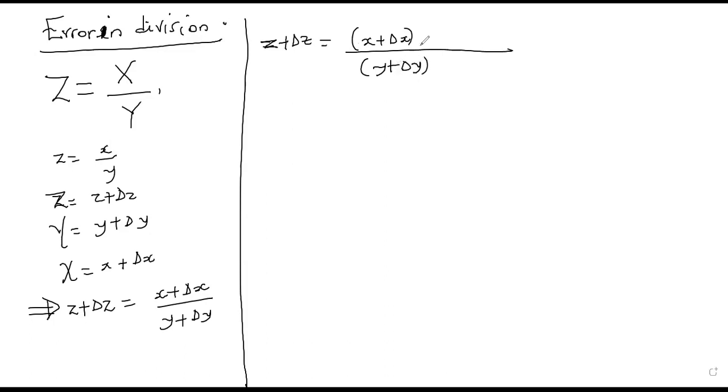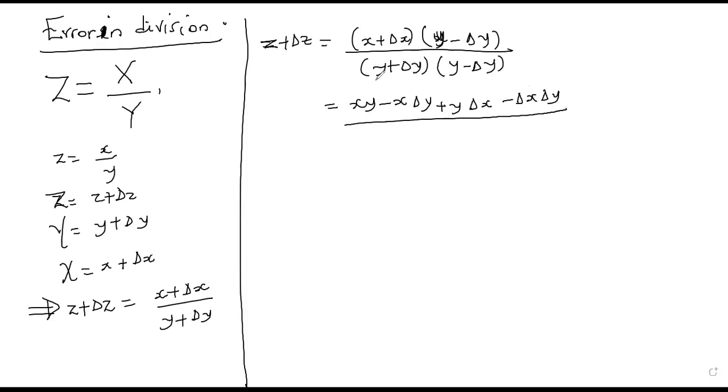So what we can do, we can rationalize the denominator, multiplying up and down by y minus delta y. So we can expand this. This one will come to xy minus x delta y plus y delta x, then minus delta x delta y, out of, when you work on this down, you have y squared minus delta y squared.